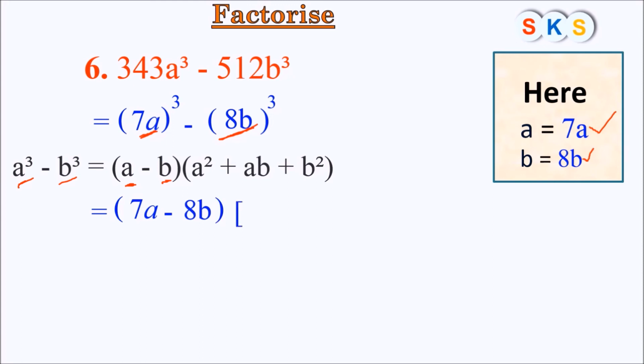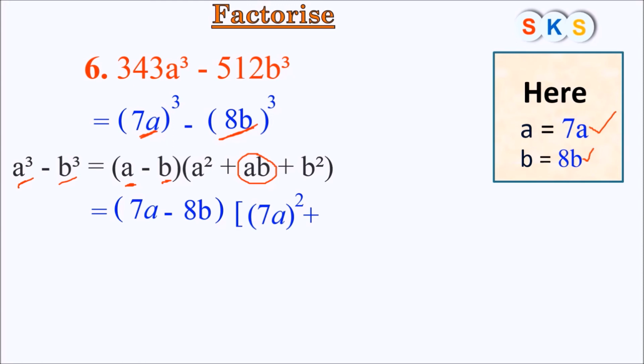In the next bracket, you can see the first term is a square. And what is the value of a? You can see in the rectangular box, it's 7a. So we will write here 7a the whole square plus. Now the next term of the second bracket is ab, right? ab means a into b. So what is the value of a? 7a. And what is the value of b? It's 8b.